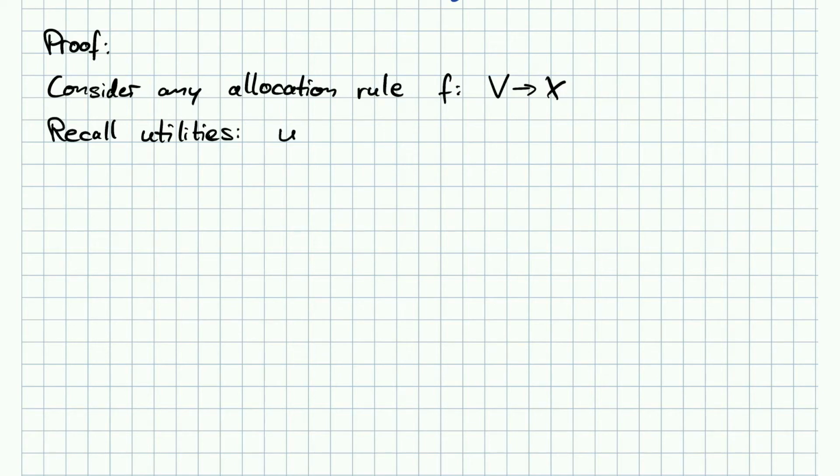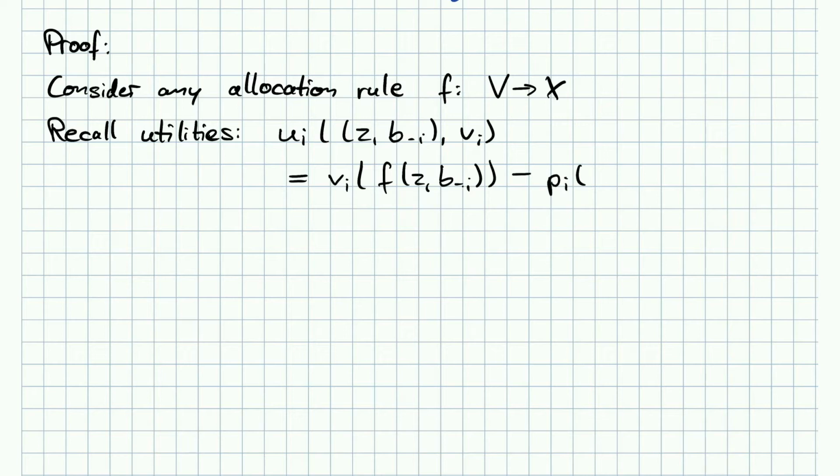The utility, when I bid z and the others' bids are b_-i, and my value is v_i, will generally be v_i(f(z, b_-i)) minus p_i(z, b_-i).